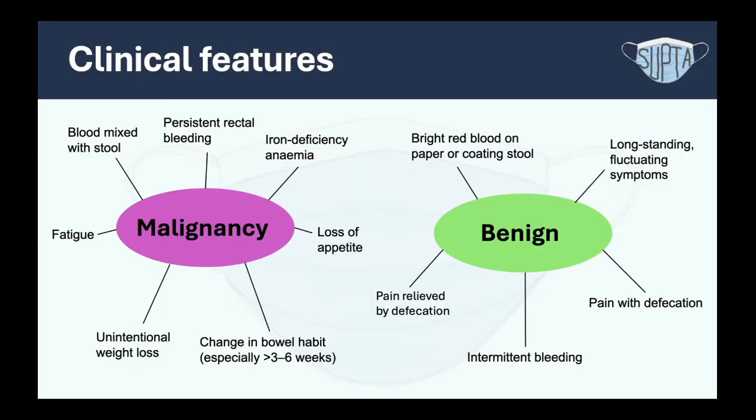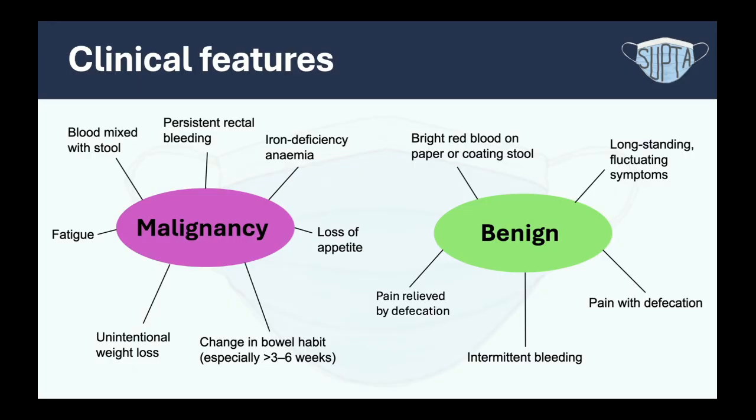And pain with defecation is a classic symptom of an anal fissure, as I mentioned earlier. It's a small tear in the anal canal lining, or thrombosed hemorrhoids where blood clots form within the hemorrhoids. And passing stool can stretch the anal canal, causing a lot of pain, which leads to pain with defecation.